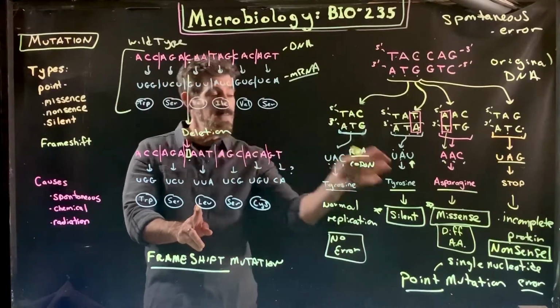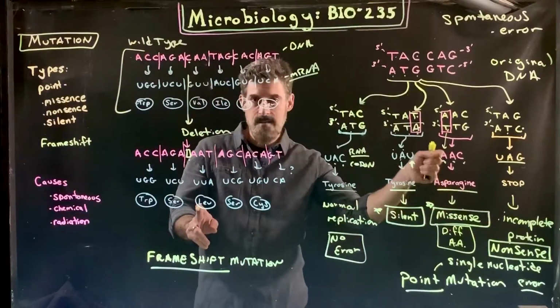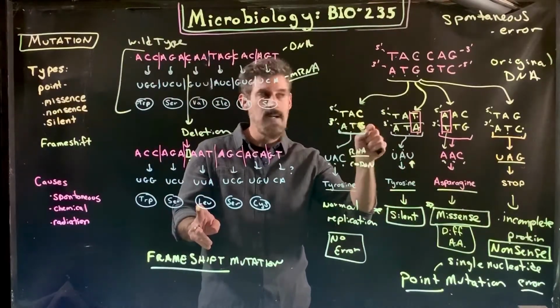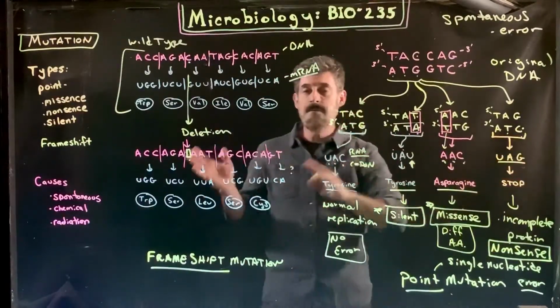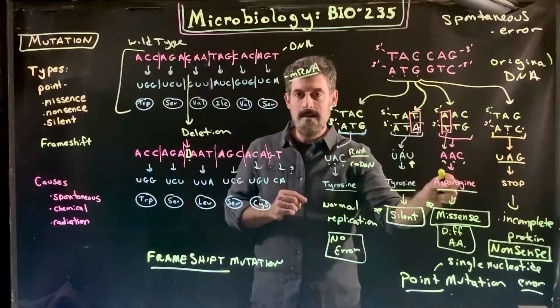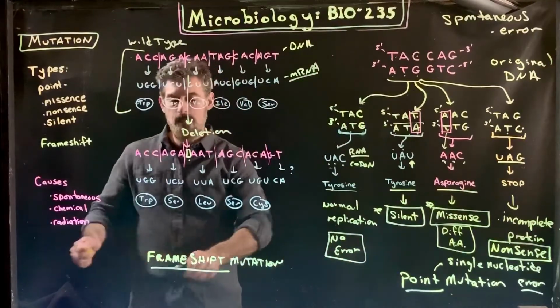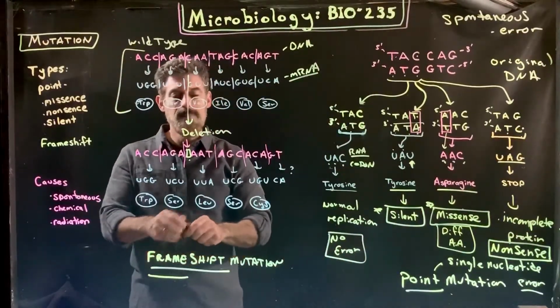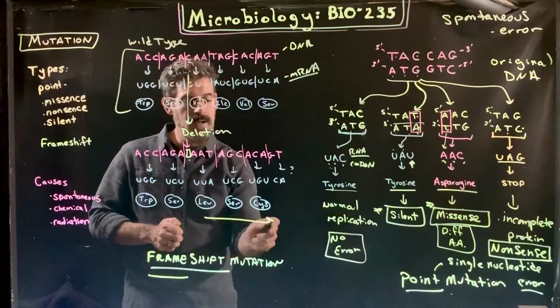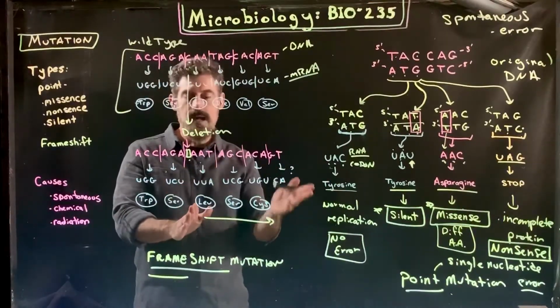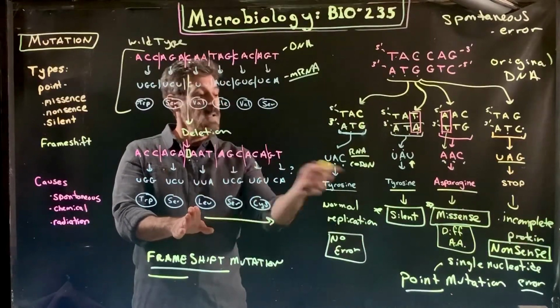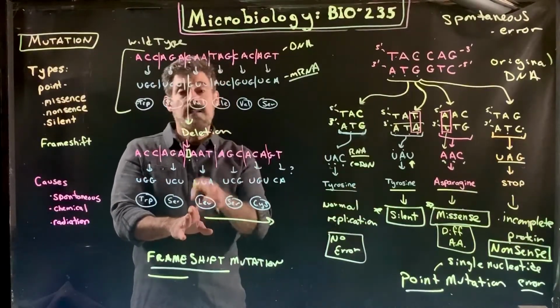But you see the difference between this and the missense. With a missense, we get a single amino acid change in a single location. Every amino acid beyond that point would have been exactly the same, and every one before it would have been the same. It's this one amino acid that's changed. When you get a frameshift, that means every single amino acid, unless some happen to have the same codon, like the silent one, is going to be different.